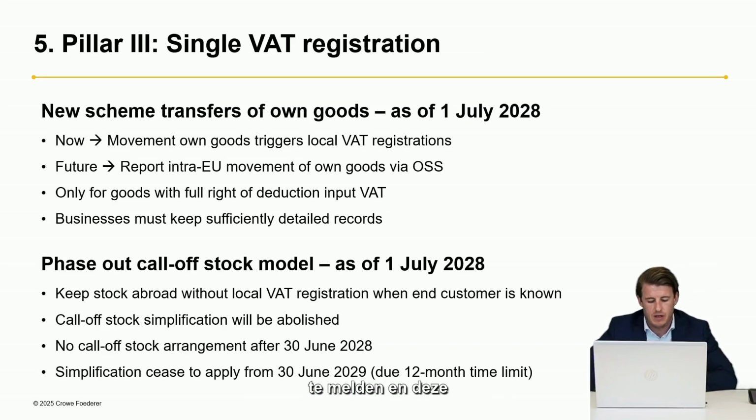And this intra-EU acquisition will be exempt from VAT. This special scheme for the transfer of own goods will only apply to goods for which a full right of deduction exists. That's something to be aware of.